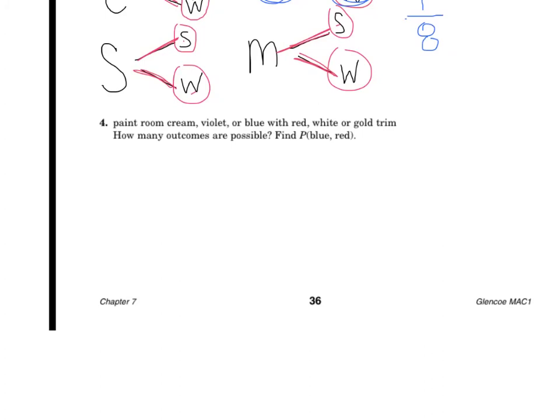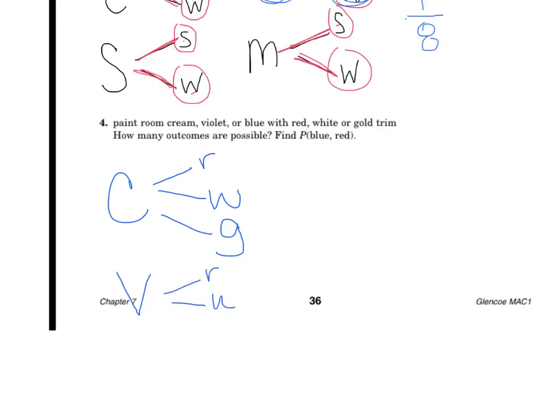So you have cream, a room that's painted cream with red trim, white trim, or gold trim. And then you can do a violet room with red trim, white trim, or gold trim. That's the same thing as the cream room. Or you can have a blue room with red trim, white trim, or gold trim.